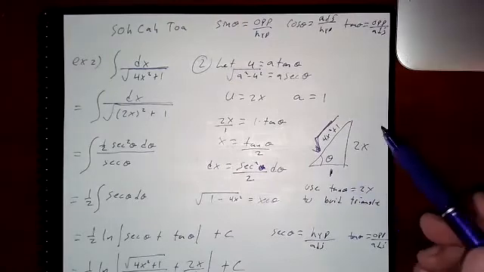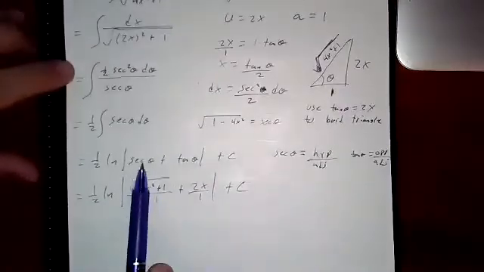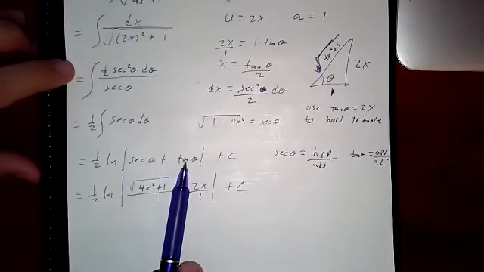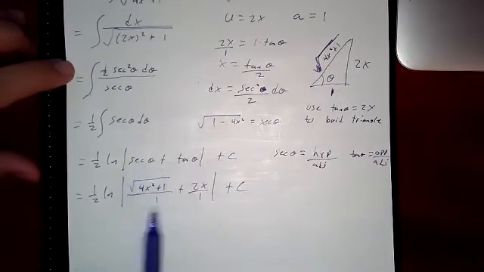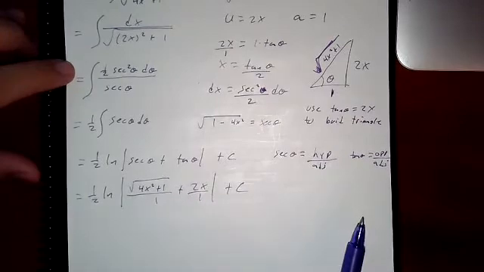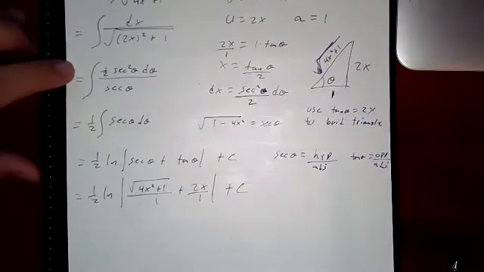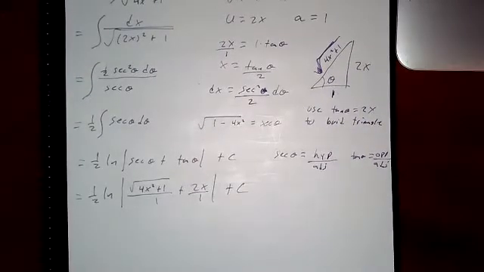You can find all of them, but you only needed these two to get back to x, right? Once you do this, you're done. And that came from the triangle. Okay. Let's do another one.